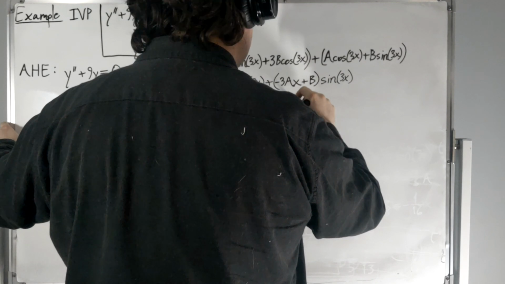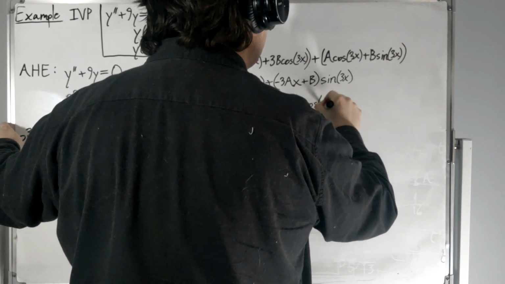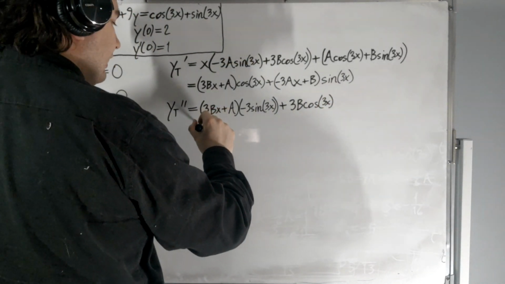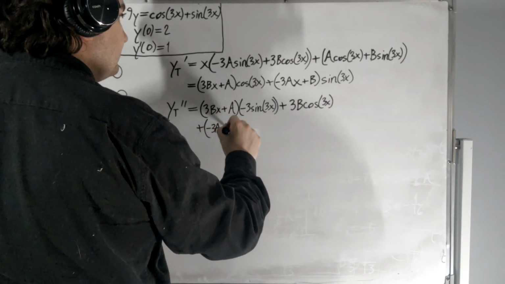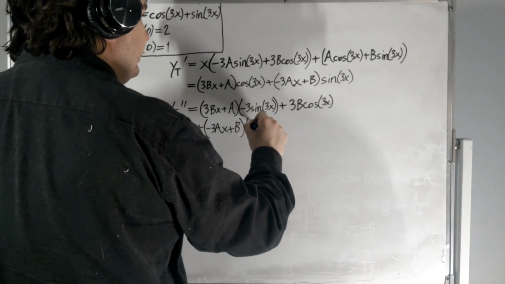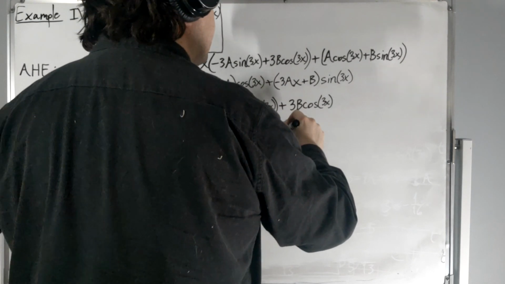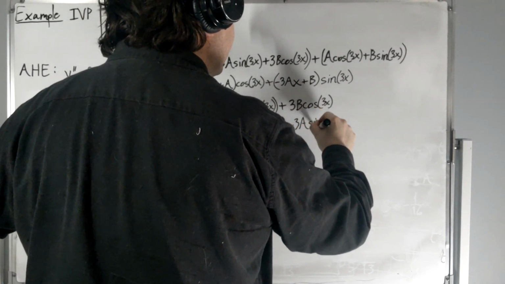Add to this 3b cosine of 3x. Then add to that negative 3ax plus b times 3 cosine of 3x, minus 3a sine of 3x.